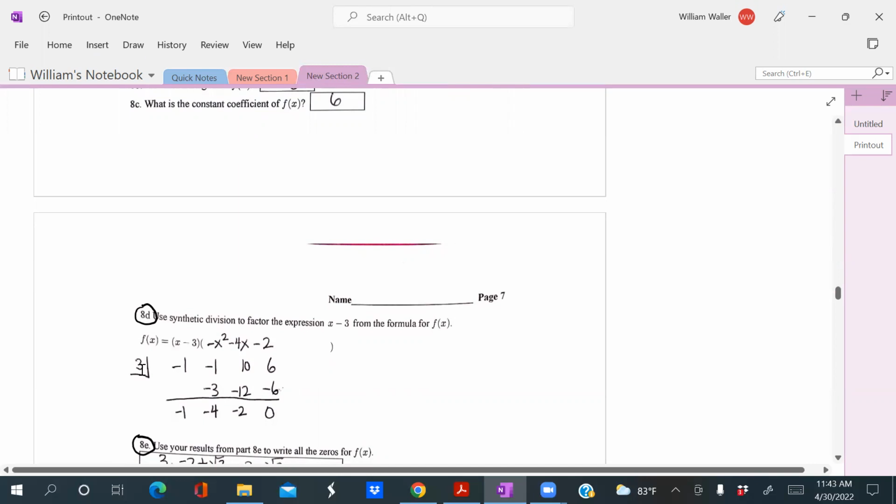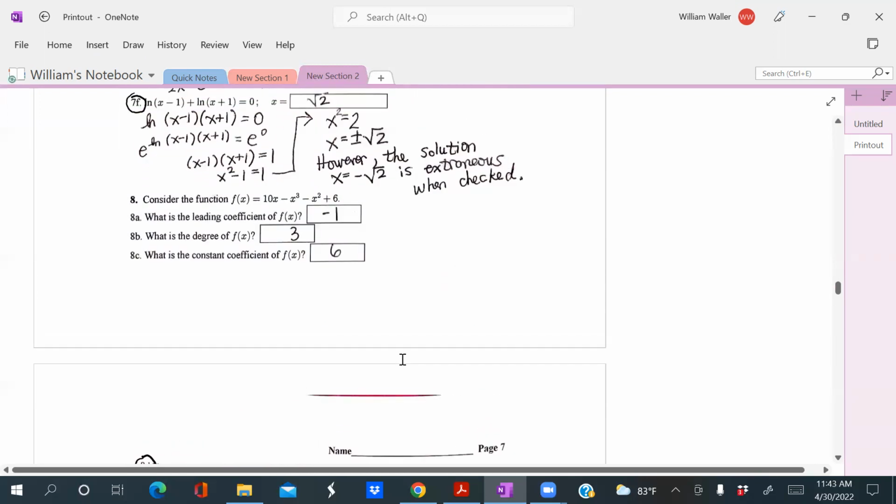So remember, in synthetic division, you're going to write down the coefficients in descending order of the powers. And so let's see, what would those coefficients be? That would be -1 first, since that's x to the third power, then -1 second, since that's x squared, and then the 10 would come third, since that's x to the first power, and then the constant is 6.